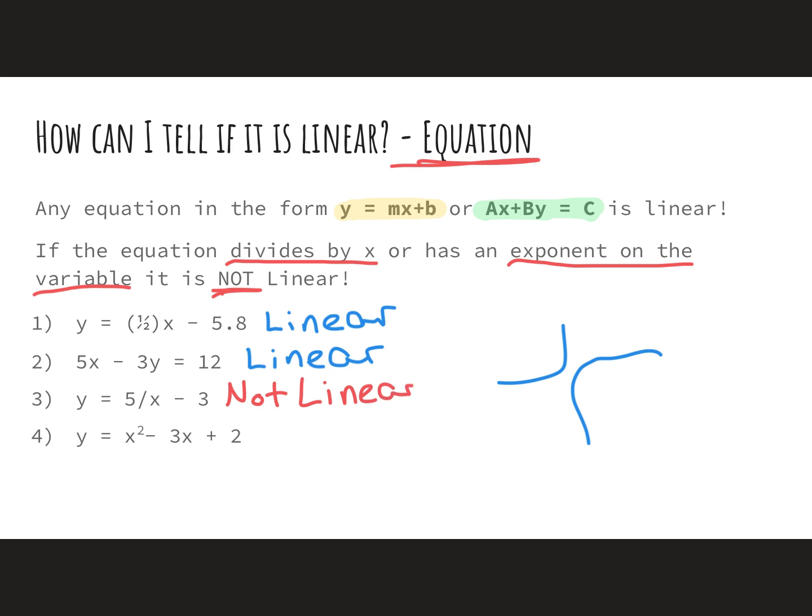And finally, we have the final one, y equals x squared minus 3x plus 2. You notice I have an exponent on my x. If you saw this graph, it would look like this. Well, again, that is not a line. So that is not linear. So that's how you tell looking at equations. You just got to follow those rules.